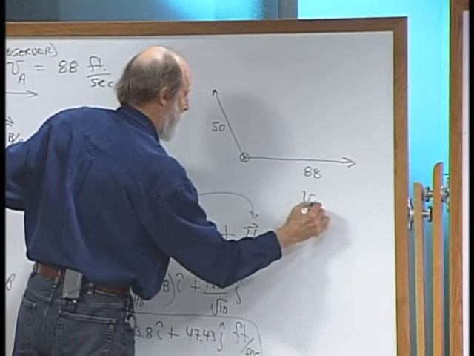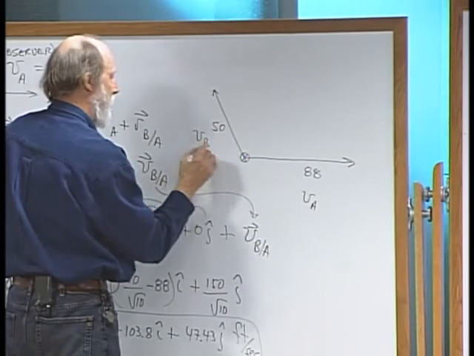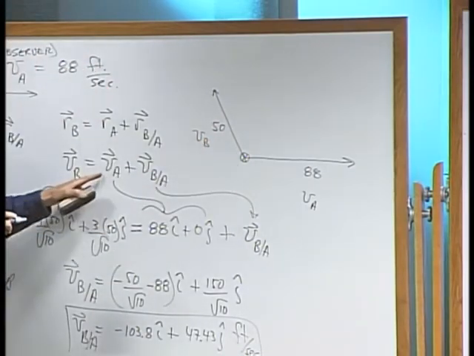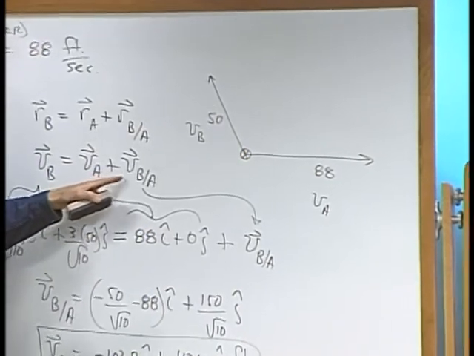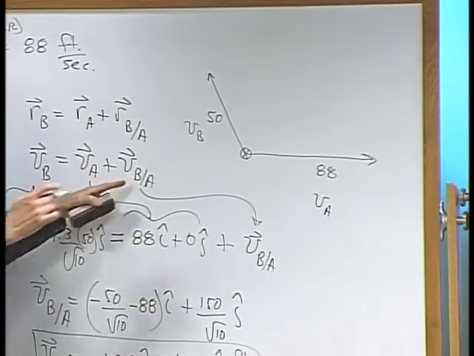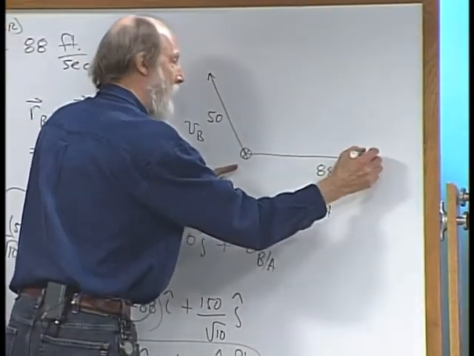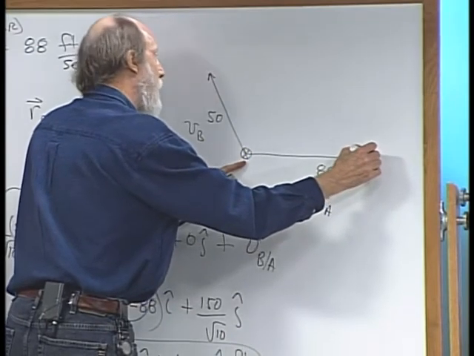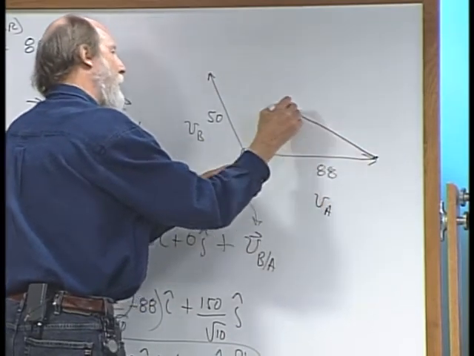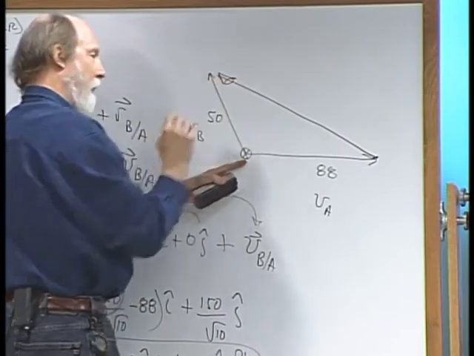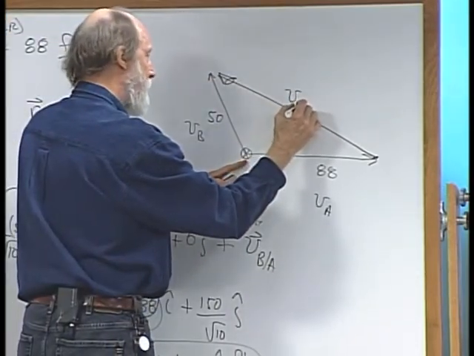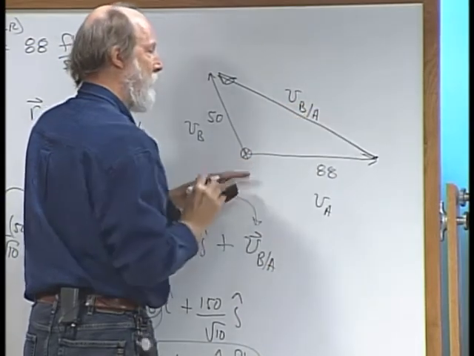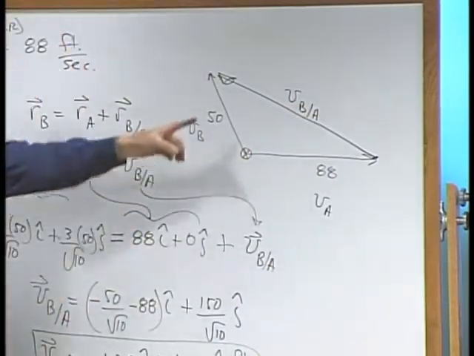There's your magnitude of the velocity of A. Now what must be true? You must go out to the tip of A and add to it this relative velocity. So you go out to here and hook onto here, and you've got to come back up this direction. And that's the relative velocity of B relative to A, with the magnitude and direction shown.